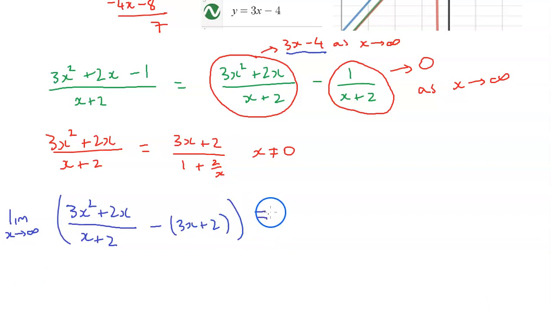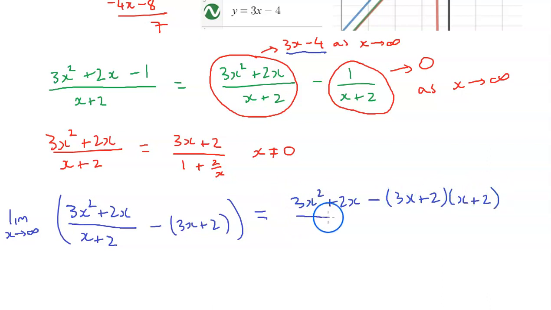But actually working it out, we get 3x squared plus 2x minus (3x plus 2) times (x plus 2), and then the whole thing is divided by x plus 2.